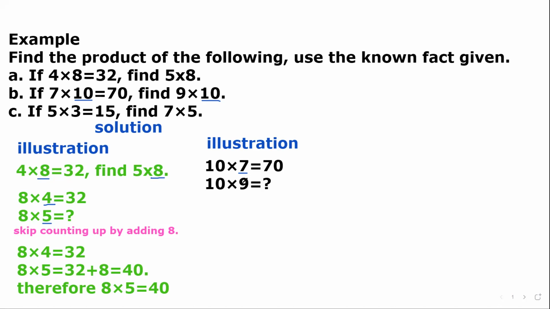And there's a difference here. From 7 to 9, you need 2 steps, because from 7 the next number will be 8 before 9. So make note of that.